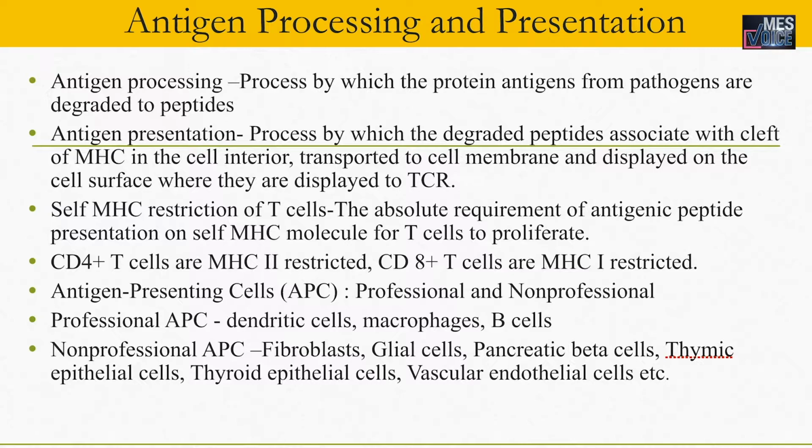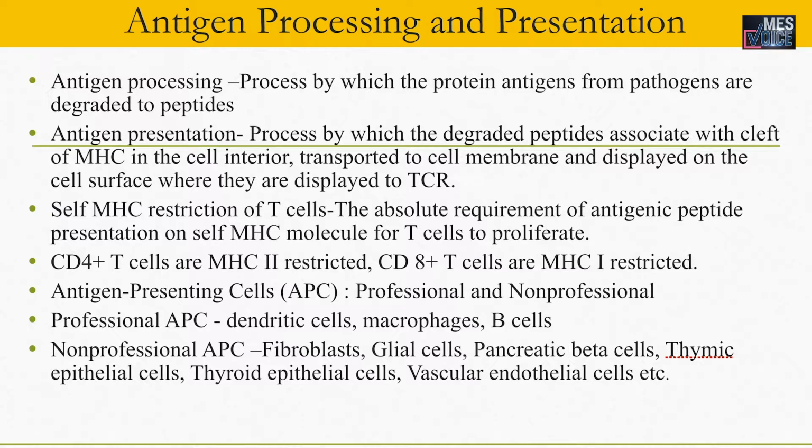Next, we have to be familiarized with antigen presenting cells. Antigen presenting cells are the actual cells which perform the processing and presentation of antigen. There are two different types of antigen presenting cells, professional and non-professional. Professional antigen presenting cells include dendritic cells, macrophages and B cells.